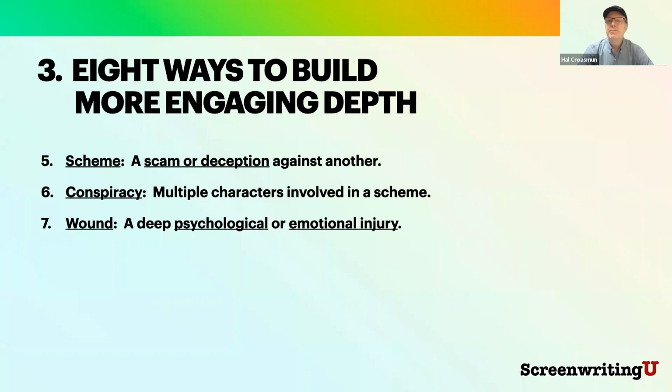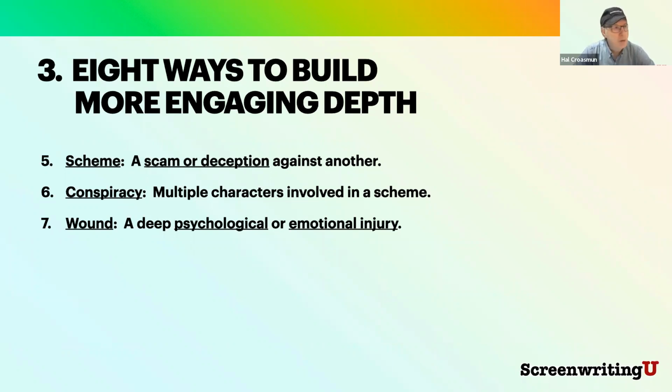Number 7, the wound. Most of the time, a wound is operating beneath the surface. And if you think about real life, most people have some kind of wound. I don't want to trigger that right now. But that's some kind of deep psychological or emotional injury.